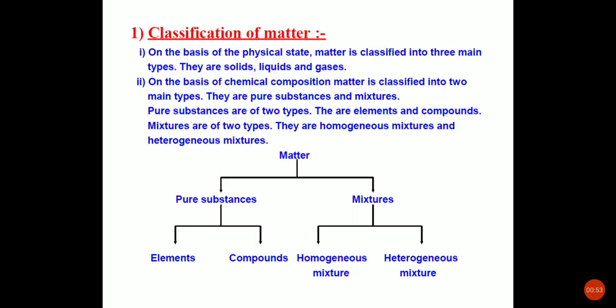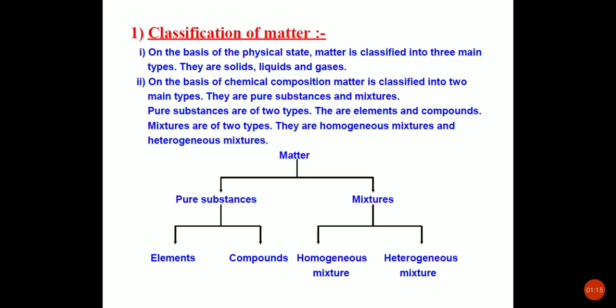Now we can see this chapter. First of all, we will discuss the classification of matter. On the basis of physical state, matter is classified into three main categories: solids, liquids and gases, which we have already studied.